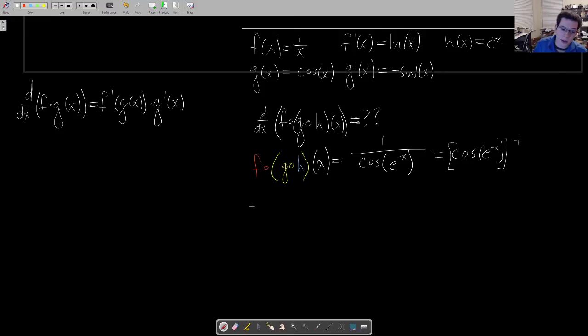Now, if we want to find the derivative of this function, we'll call this gamma of x. That way you can say you use Greek letters in your problem. And the first thing we're going to do is we'll take the derivative of the outside. So that's going to be negative 1 times, no it's not, it's going to be the natural log of whatever's in the middle.